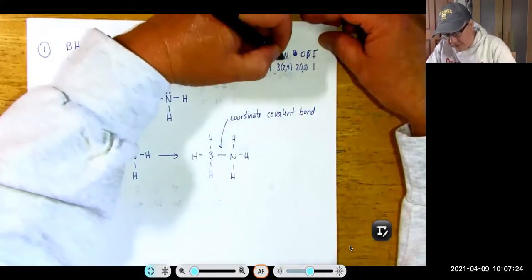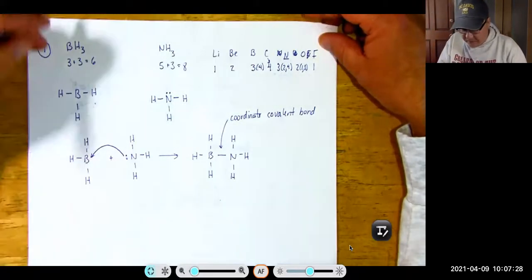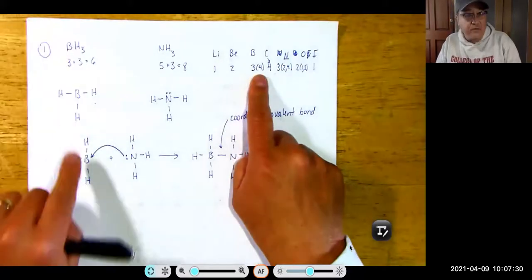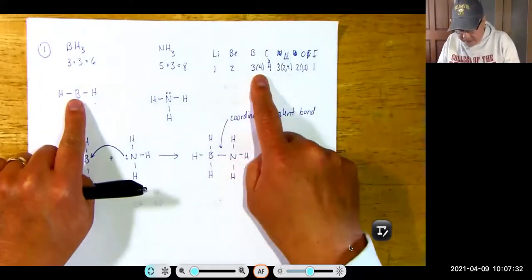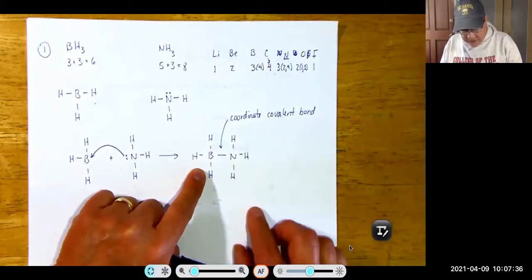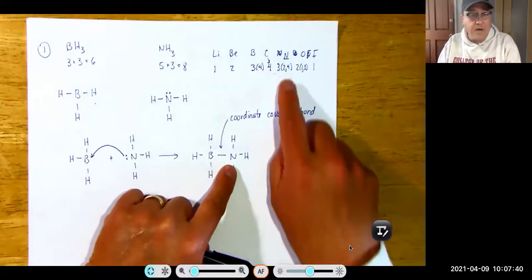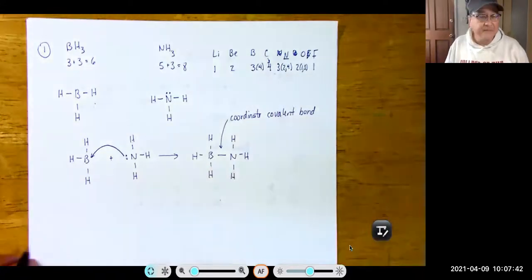Let me try and center those a little bit better. But so here's an example with boron making 3 bonds. And here's an example with boron making 4 bonds. And here's an example with nitrogen making 3 bonds. And here's an example with nitrogen making 4 bonds. Okay?